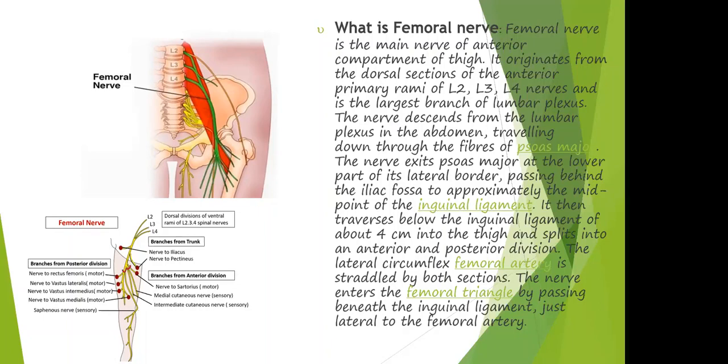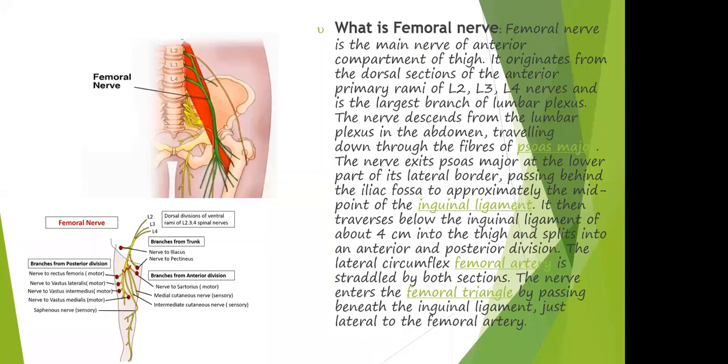The nerve descends from the lumbar plexus in the abdomen, traveling down through the fibers of psoas major. The nerve exits psoas major at the lower part of its lateral border, passing behind the iliac fascia to approximately the midpoint of the inguinal ligament.